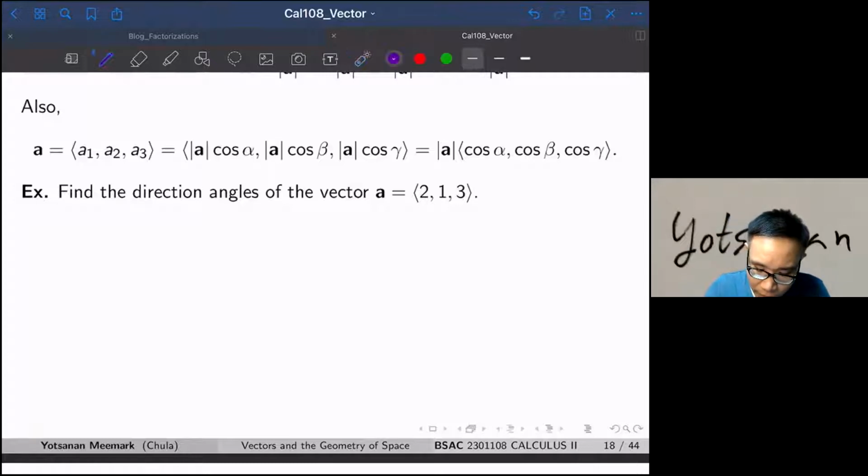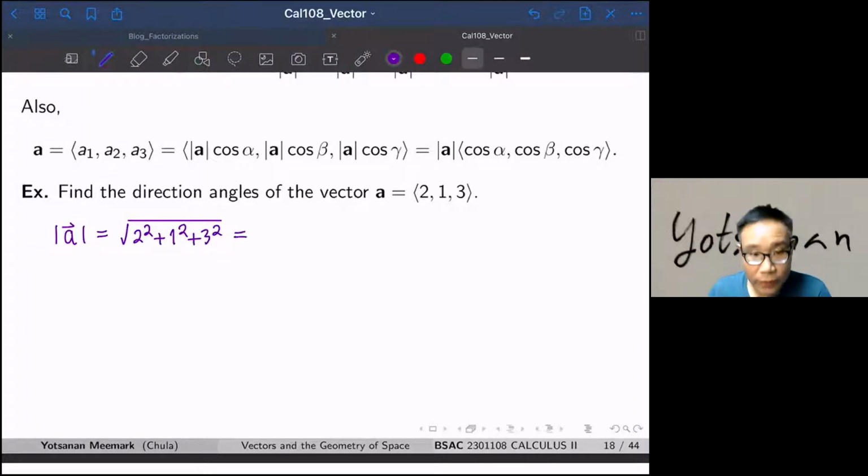So you will need norm A. Norm A will be the square root of 2 squared plus 1 squared plus 3 squared, and this one will be the square root of 4 plus 1 plus 9. Okay, so it's going to be the square root of 14.